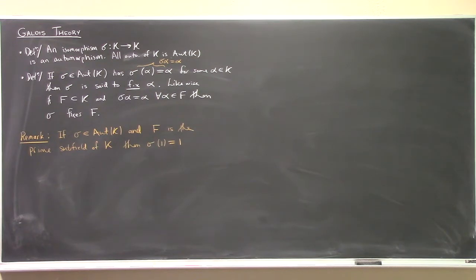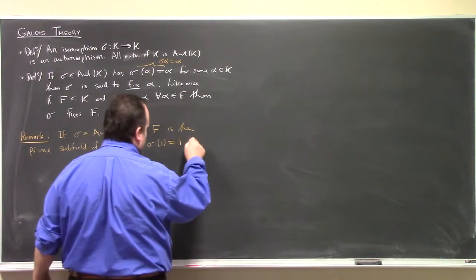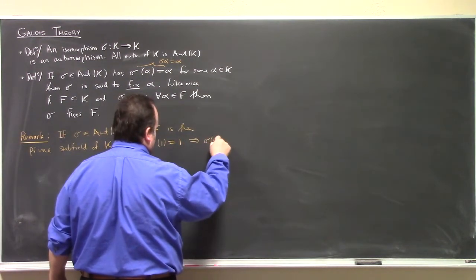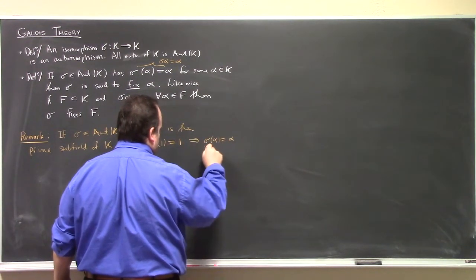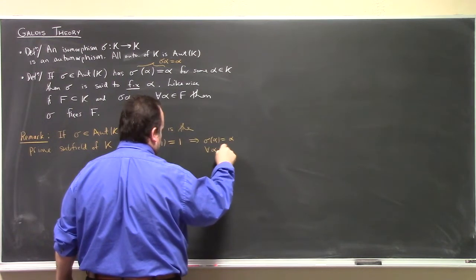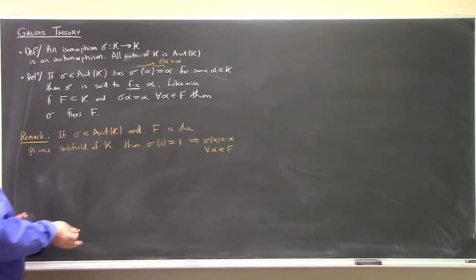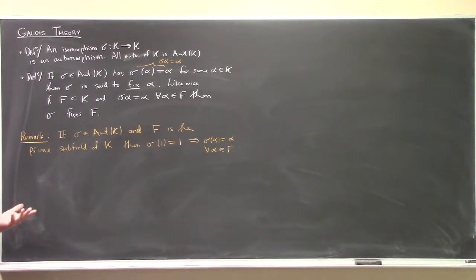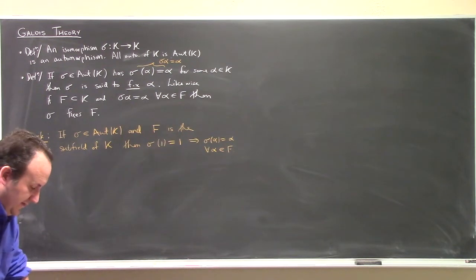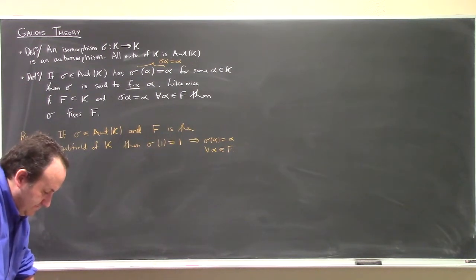So in short, this implies that sigma of alpha equals alpha for all alpha in the prime subfield, right? In other words, any automorphism automatically fixes the prime subfield. So the prime subfield is fixed by every automorphism. That's just from the definition of automorphism.